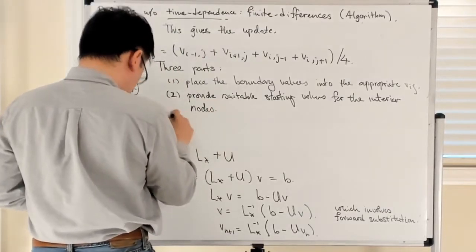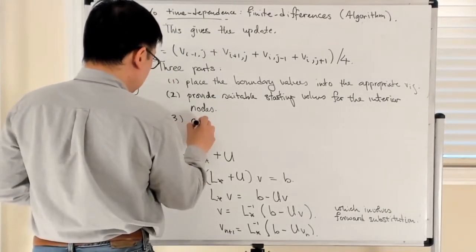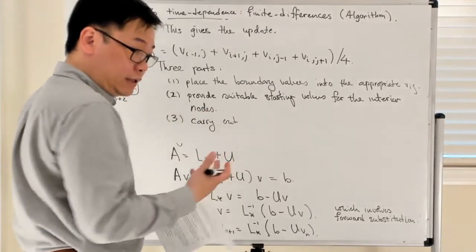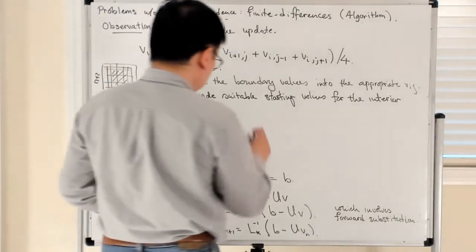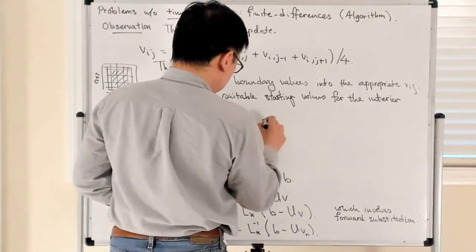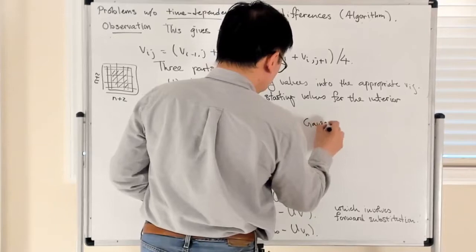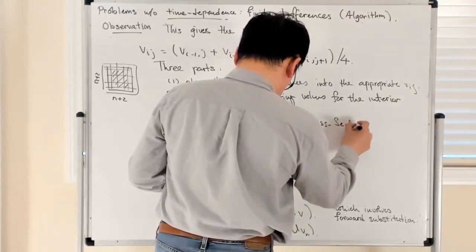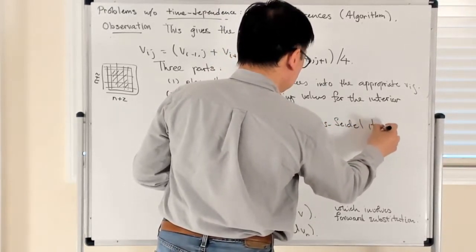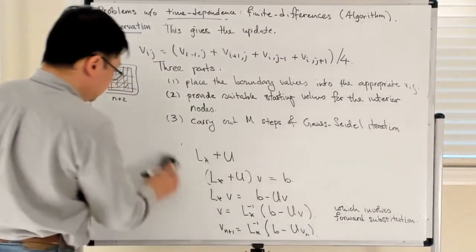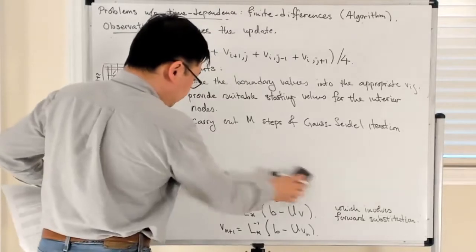Then the third part is to carry out m steps of this Gauss-Seidel iteration.